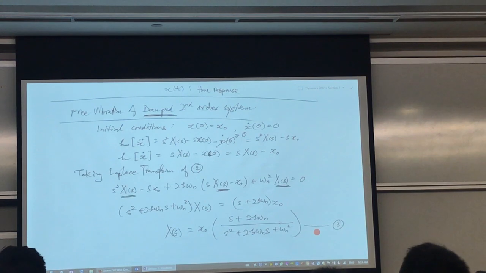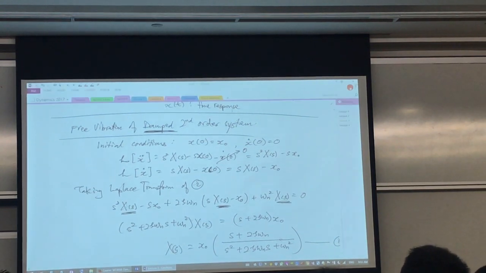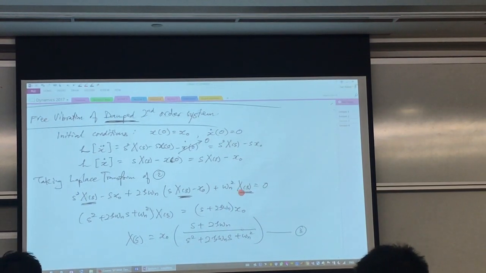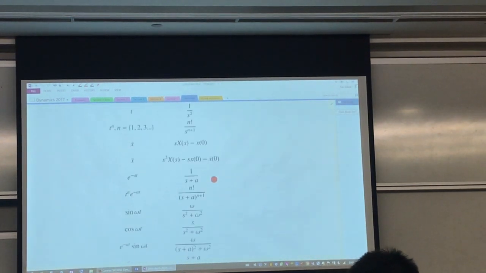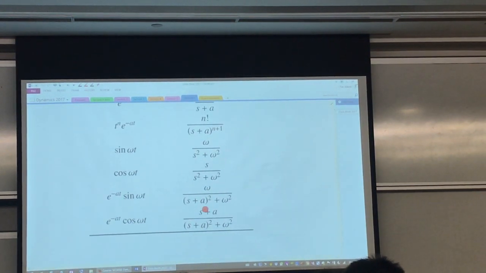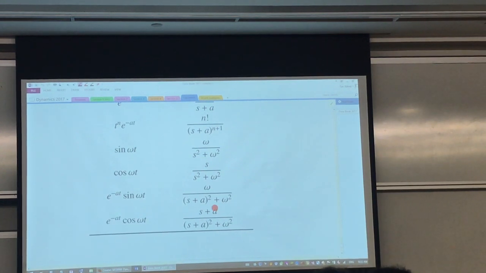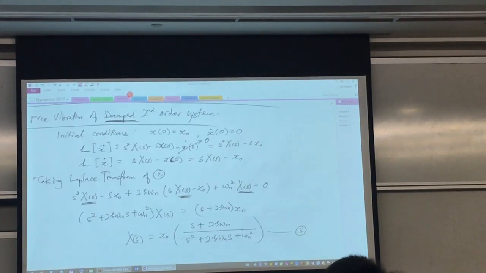Why so? If I show you your data sheet, in order to take inverse Laplace, you must have the denominator in a certain form.